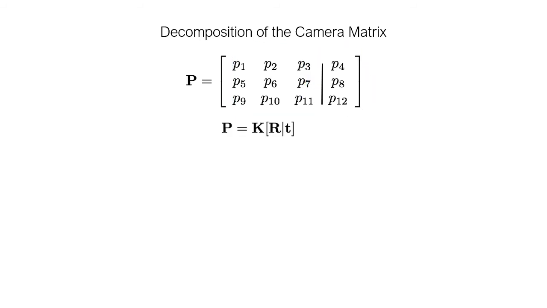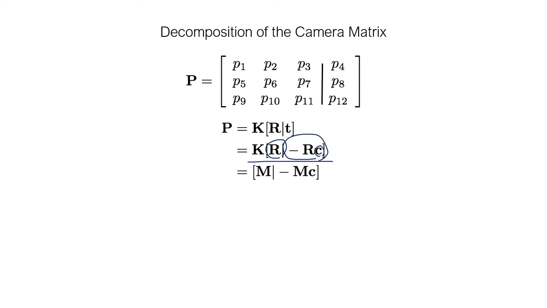We write this P matrix as K R T, intrinsic, rotation and translation. Then we can rewrite this as R and minus RC.